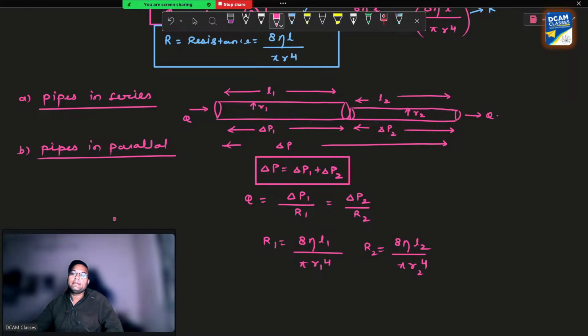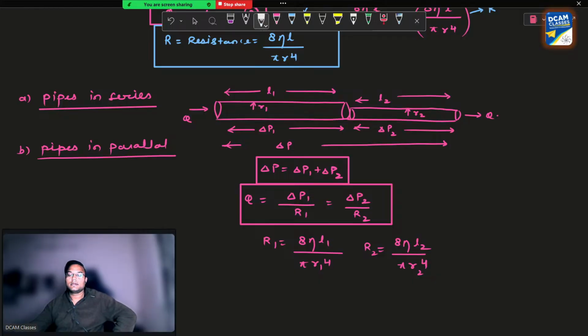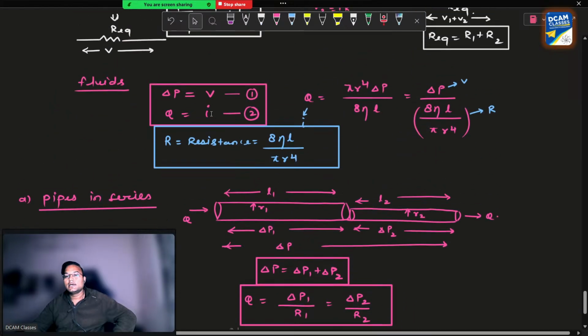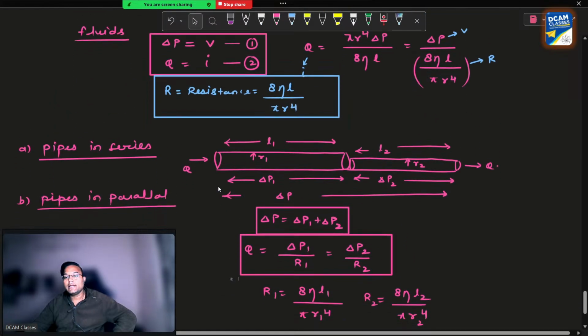Are you able to relate or not? Parallel case I will tell you in the next class. Yes, sir, I understood. Pressure is to be related with the voltage, Q with the current, because in the series current remains same, so Q will remain same. Same amount of flow will be there from the left and from the right tube.